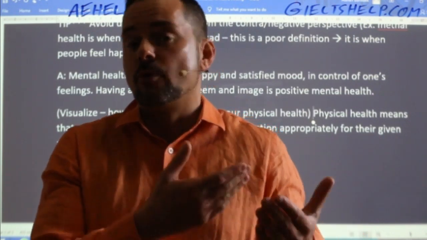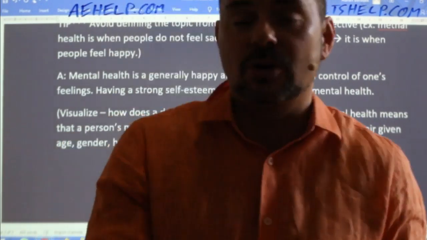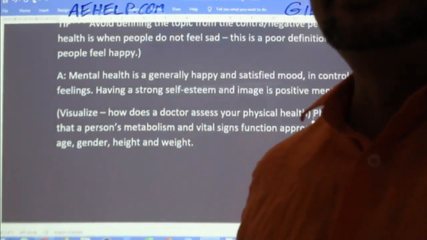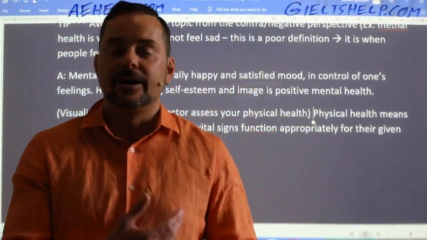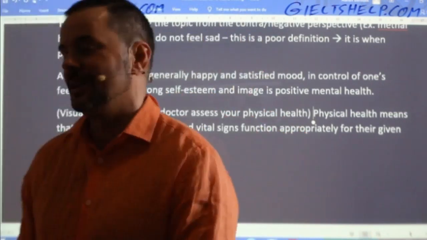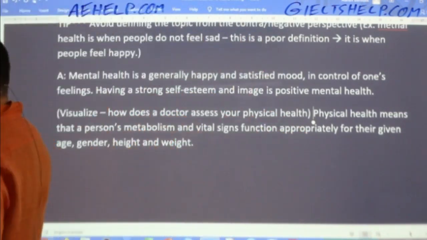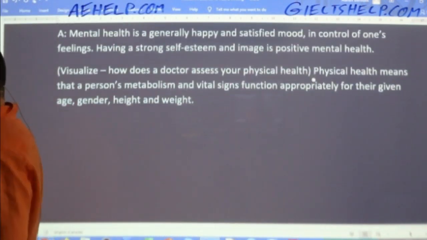And they basically look at an index that says, a 40-year-old man who's 180 centimeters tall and weighs 80 kilograms should have a blood pressure of, a heart rate of, and a good immune system, right, Charlie? Yeah, okay. So, strong immune system.